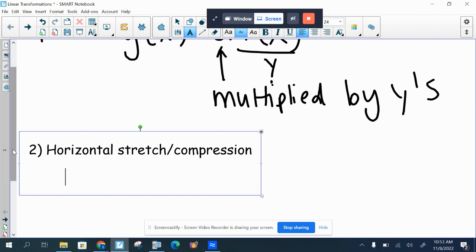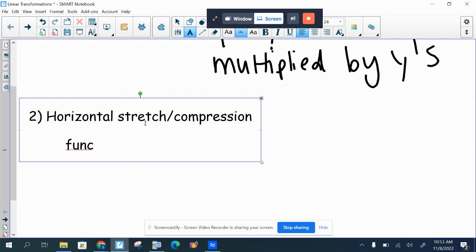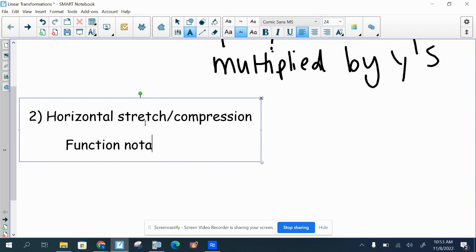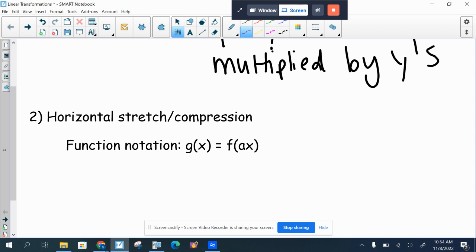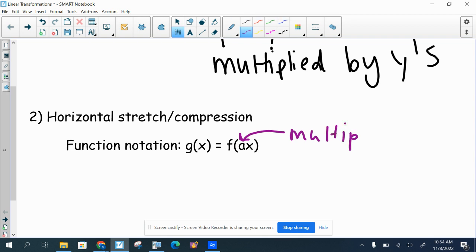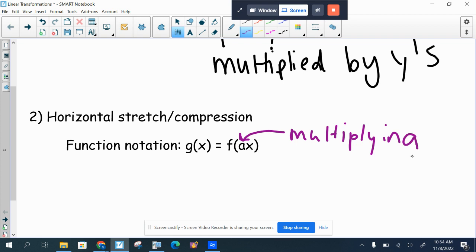Using function notation, this looks like g of x equals, and instead of the a being on the outside, it's now on the inside of the parentheses: f of ax. So here, we're multiplying all of the x's by a.